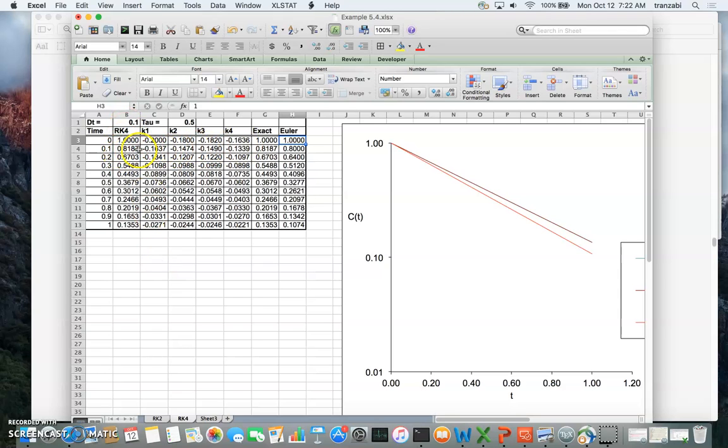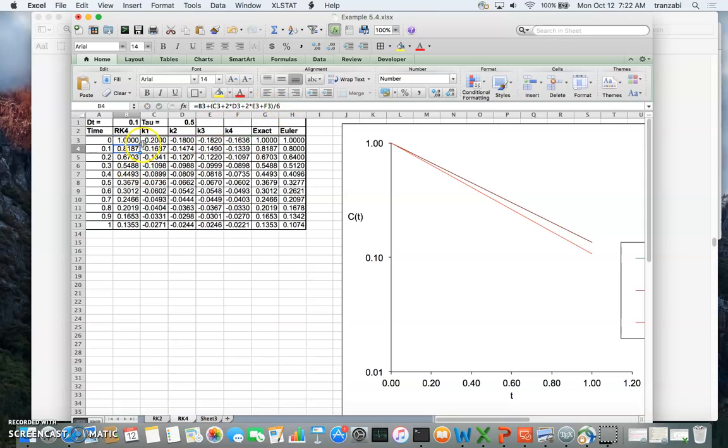RK4 is 1/6 of K1 plus 2K2, 2K3, and plus K4, and that's what I have here, plus the accumulation term, because we always calculate the next y value with respect to the previous one. So that's the previous one, cn, plus the weighted average of the k's.